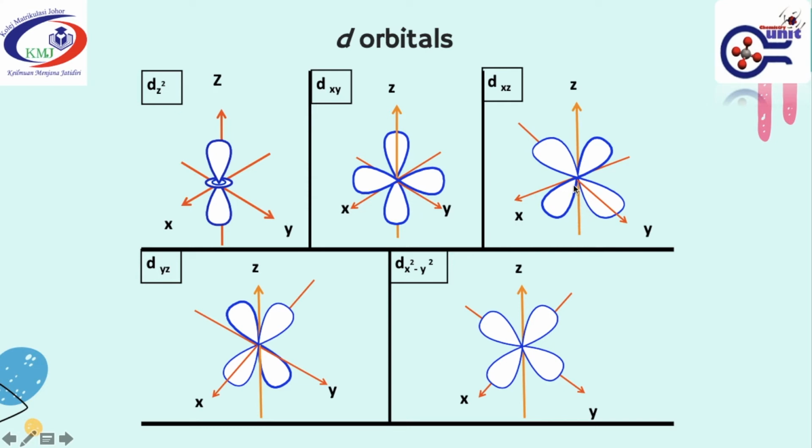The orbital is in between the x-axis and z-axis. Similarly, dyz, the orbital is in between y-axis and z-axis. The final one is dx square y square. The orbital is on the x-axis and y-axis.